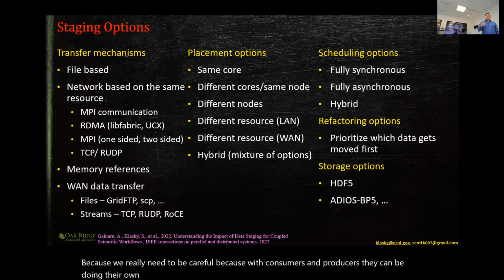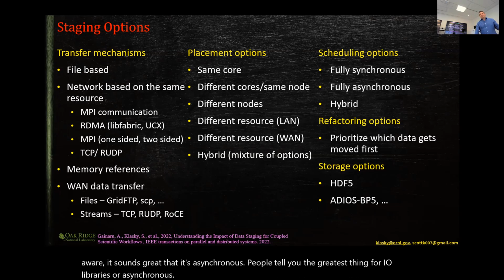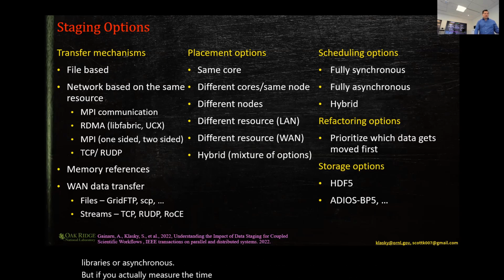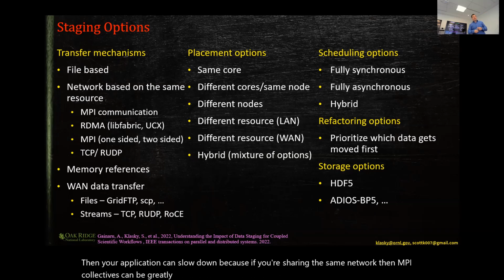And if we're doing communication without them being aware, it sounds great that it's asynchronous. People tell you the greatest thing for IO libraries is asynchronous. But if you actually measure the time in your application, your application can slow down, because if you're sharing the same network, then MPI collectives can be greatly influenced by these asynchronous IO calls. So scheduling becomes a major issue.